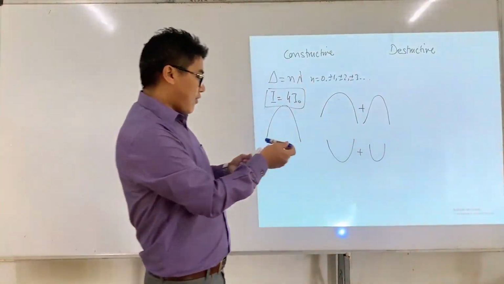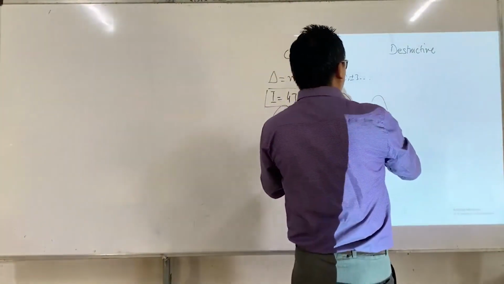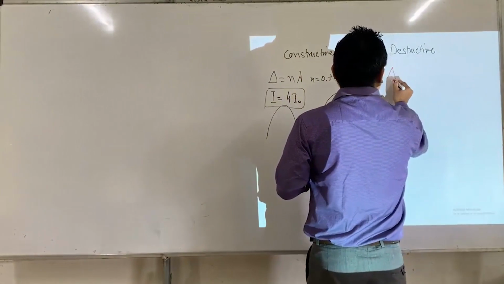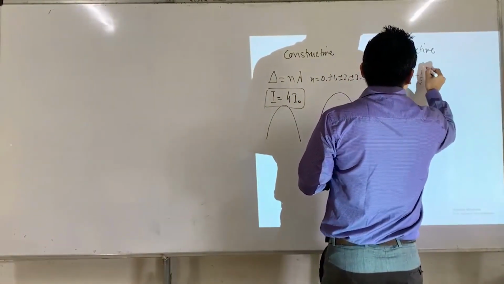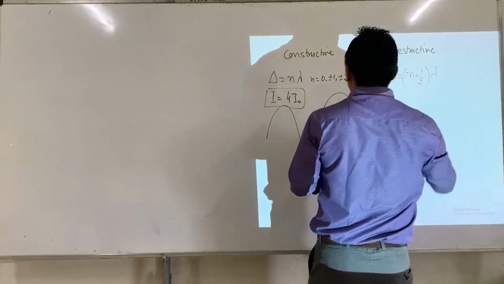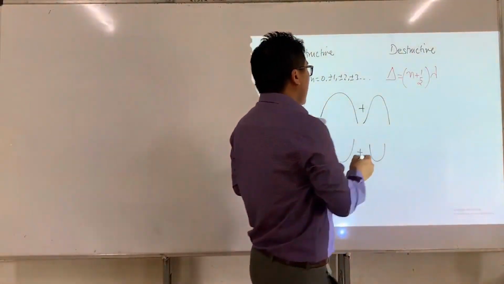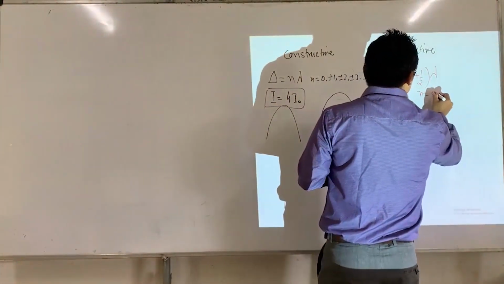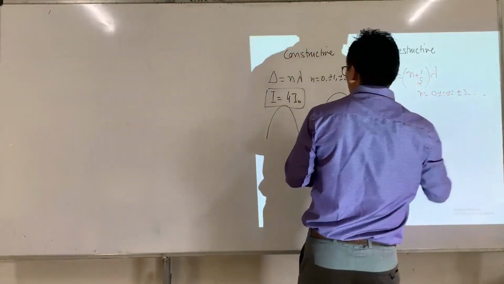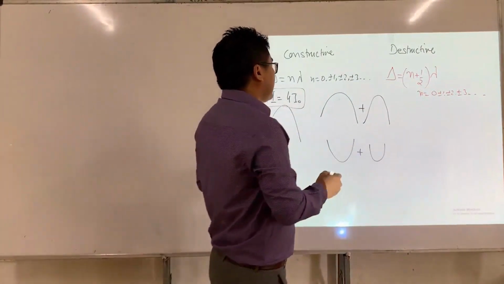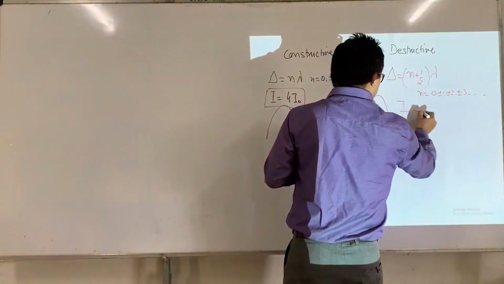Whereas in case of destructive interference, the path difference is going to be (n plus 1 by 2) lambda, where n is equal to 0, plus minus 1, plus minus 2, plus minus 3, and so on, and the resultant intensity is going to be 0.